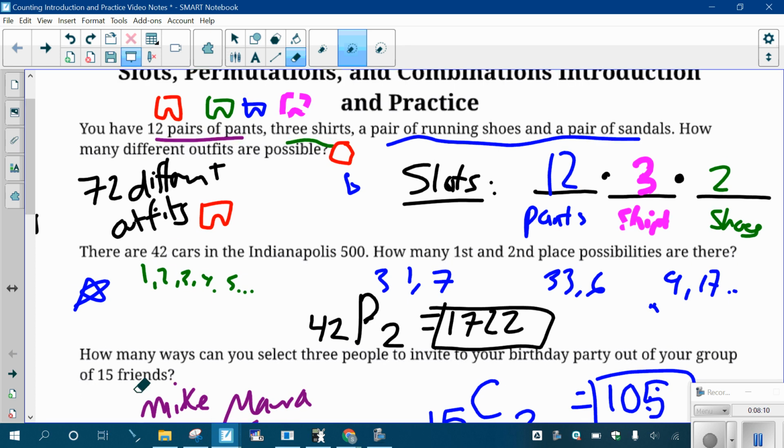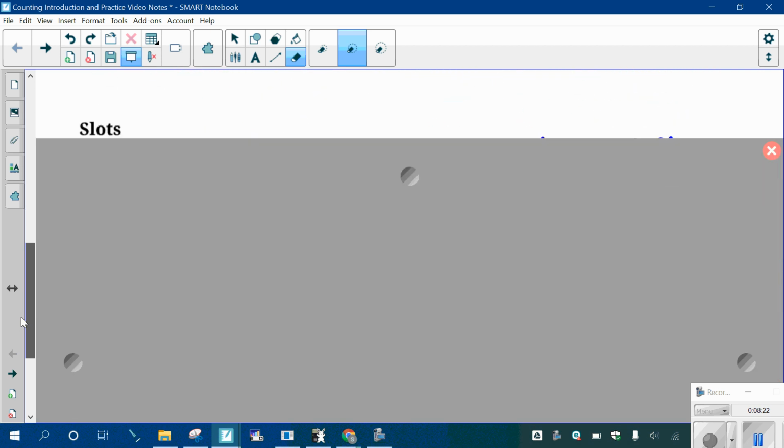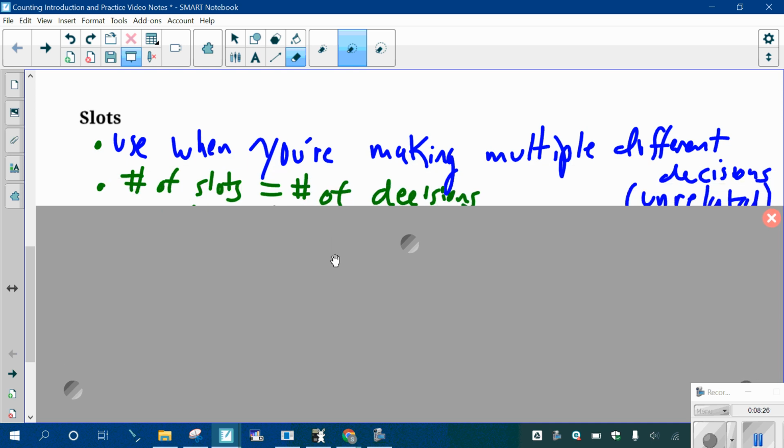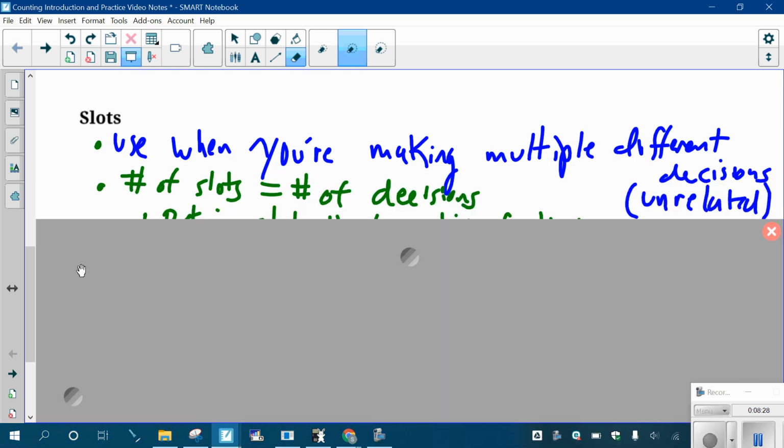In the other 2, you're just choosing, like, out of the same group. Like, you're choosing 2 cars, but they're just out of the cars. You're selecting 3 people, but it's just out of the group of people. There's not these separate, different decisions, okay? So when I think about that slot strategy, I use it when you're making multiple different decisions that are, like, unrelated to each other.